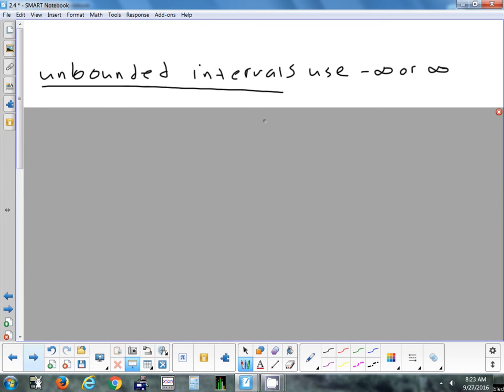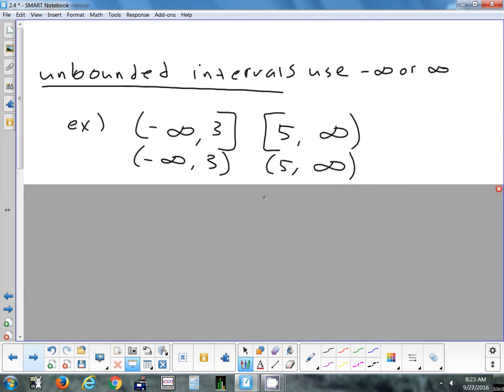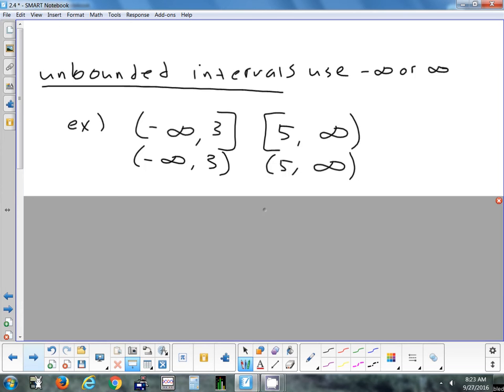And Francisco, can you tell me how I would write this as an inequality? And you could use x as your variable. Greater than x.